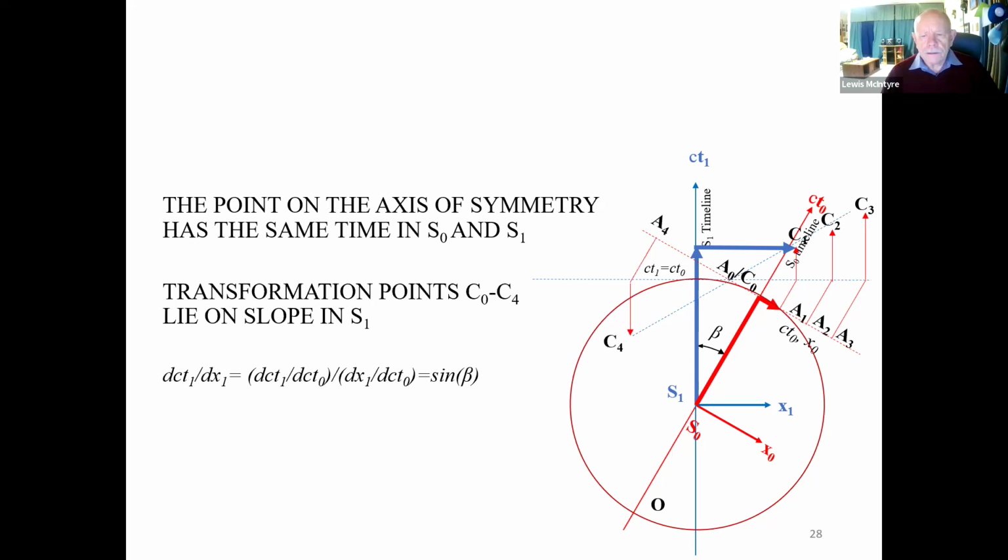The point on the axis of symmetry will be observed at the same time in S0 and S1, as shown by A0 and C0, which are exactly the same point.